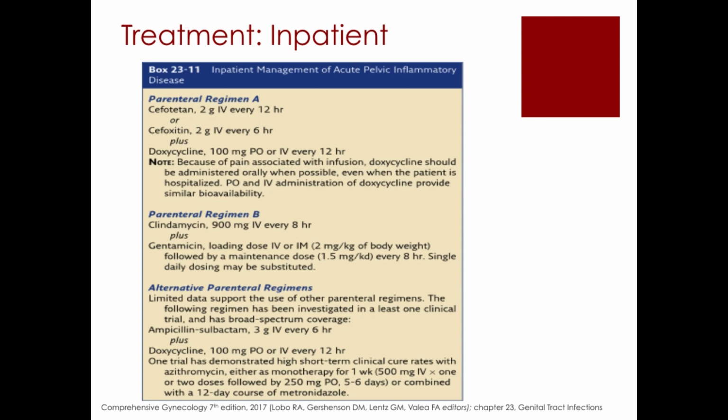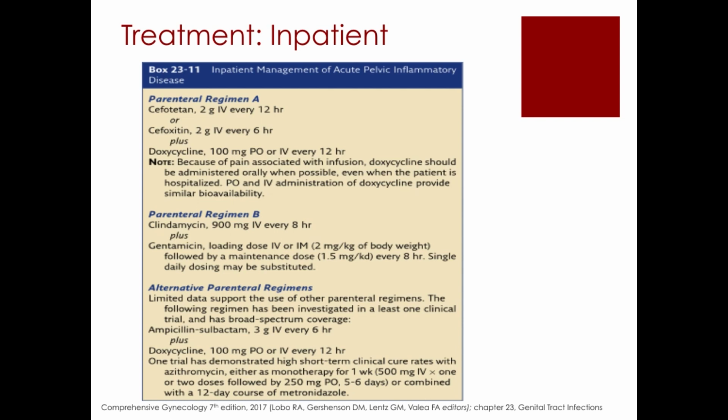So the next is regimen B, and this is composed of clindamycin plus gentamicin. Clindamycin is 900 milligrams IV every 8 hours, and gentamicin with a loading dose of 2 milligrams per kilogram of body weight, followed by a maintenance dose of 1.5 milligrams per kilogram every 8 hours.